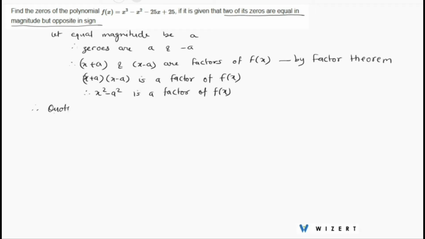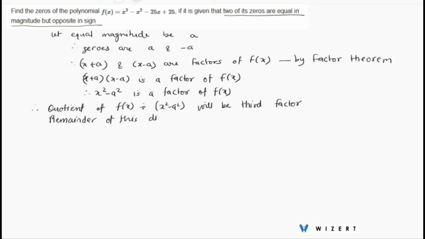The quotient of f(x) divided by x square minus a square will be the third factor, and from the third factor we can find the third zero, and the remainder of this division will be 0. Now from this remainder we can find the value of a.